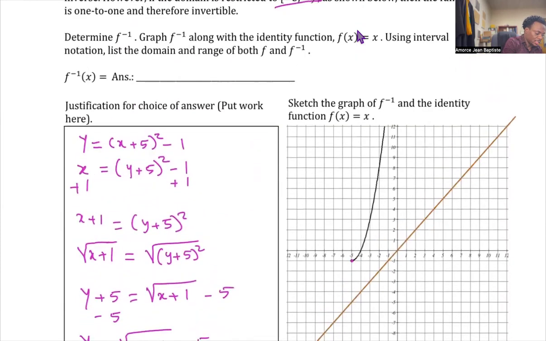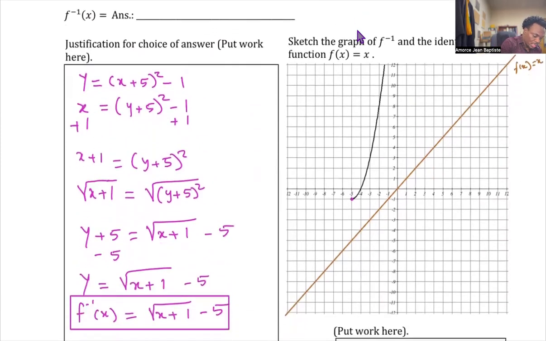F of x equals x. And then we know that the inverse of f of x would be symmetric to this line. So that means I will have a point here that will be the symmetry of this one.